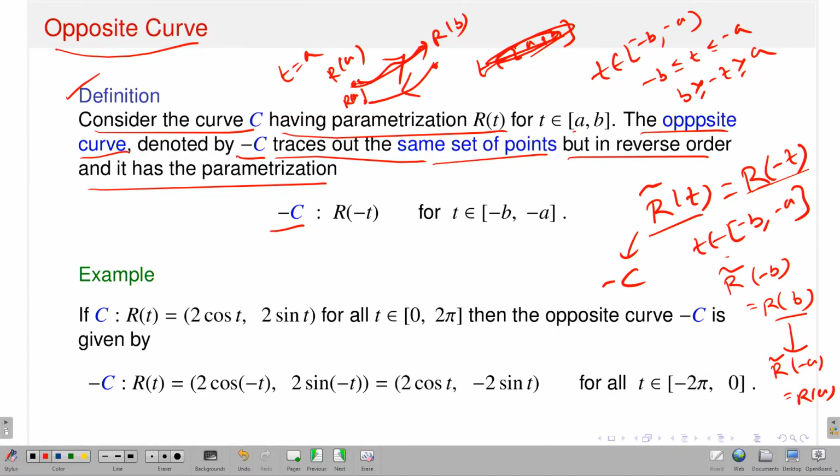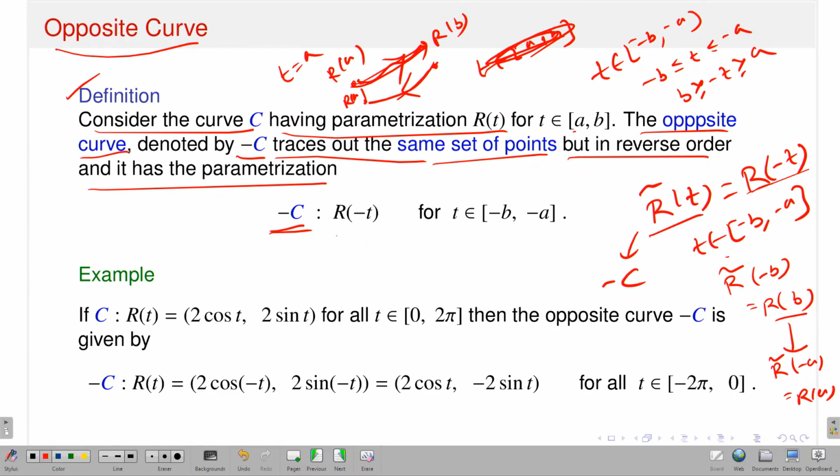So, if this is the natural direction, minus C will have the opposite direction. It will trace out the same set of points, only the direction will be reversed.